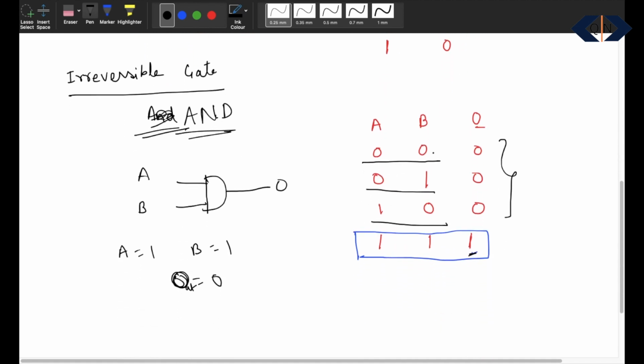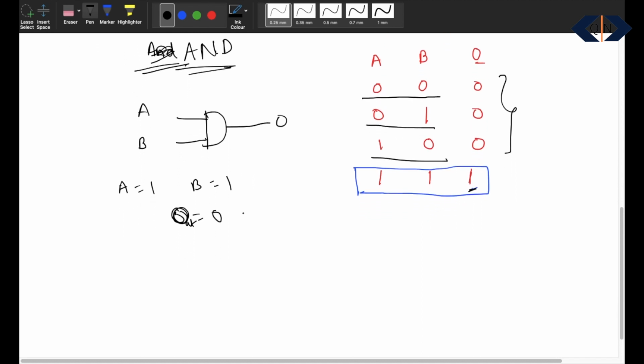But here our input is 2 and output is 1. There are not enough states in output to define input, right? So can we say that there should be an equal number of inputs and outputs, at least?